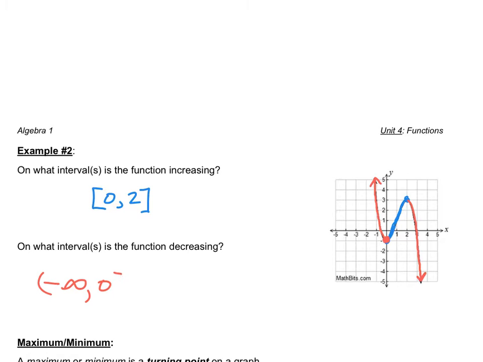Solid point at 0. And then from what to what? 2 to infinity. All right. Now, when I want to put two intervals together, how do I unite those sets? A union, so a U.